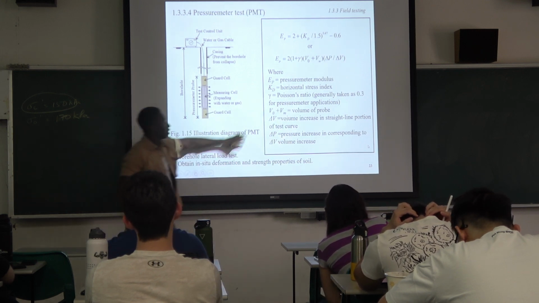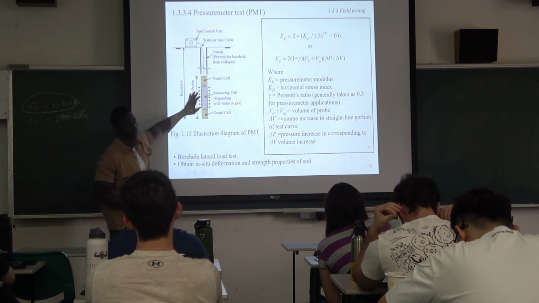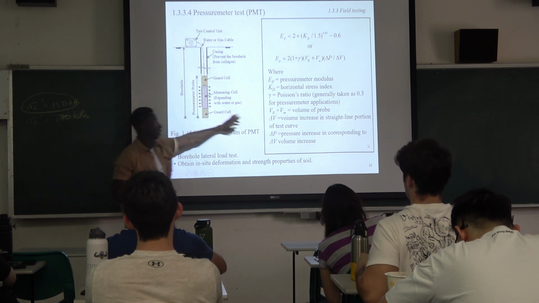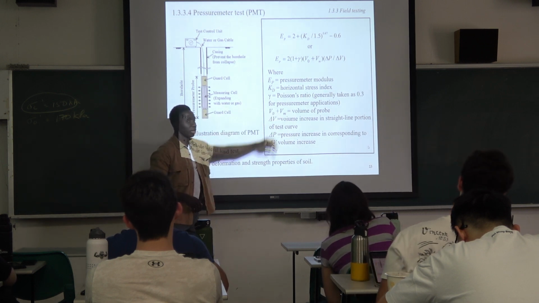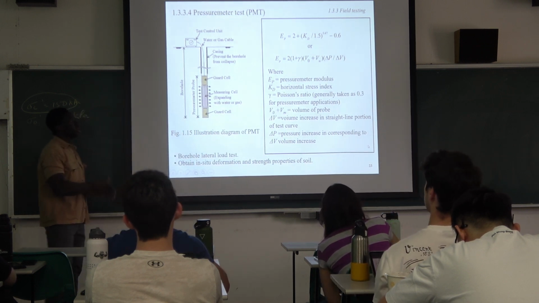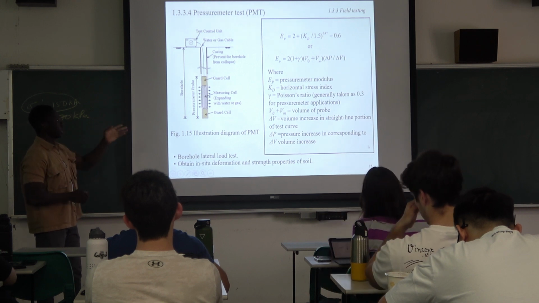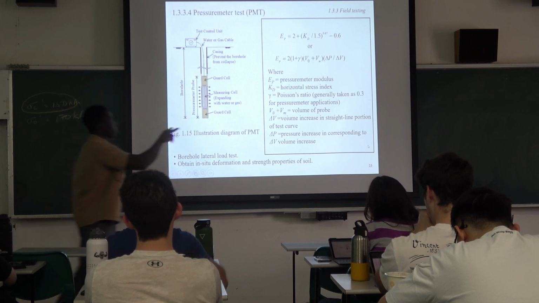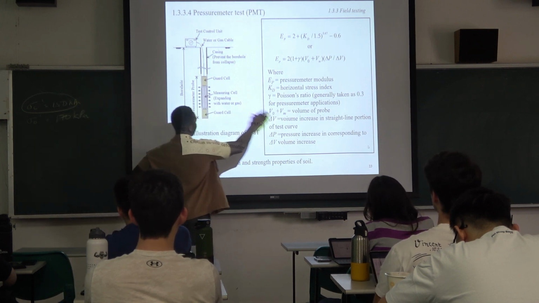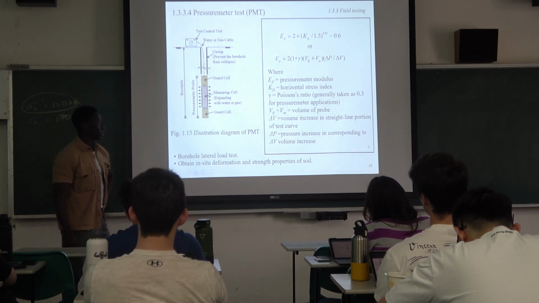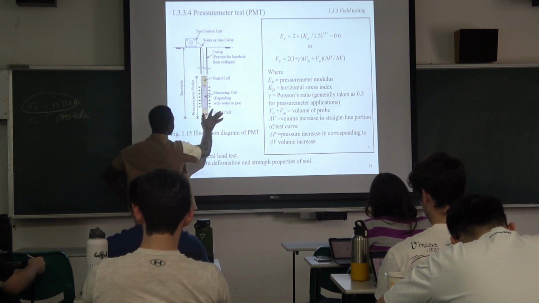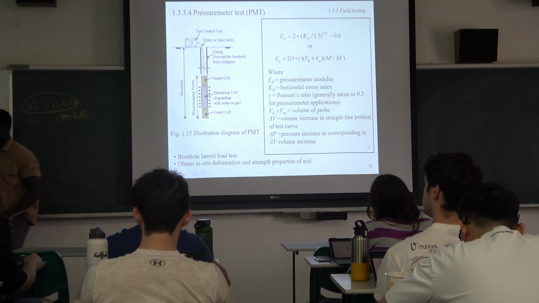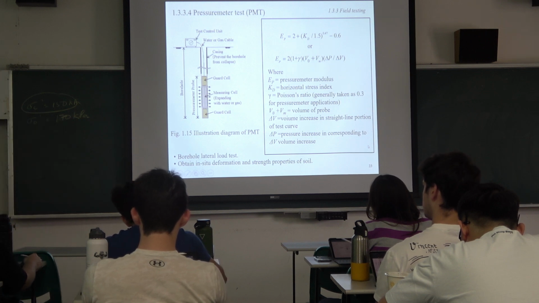Usually this V0 is the initial volume before you put any water or gas, and the Vm is how much volume there is after you started putting gas or water into the pressuremeter. So the combination of the initial volume and the Vm will give you the total volume of the probe. This can typically be used to measure the deformation in the soil, and it can also help you obtain the strength parameters of the soil.